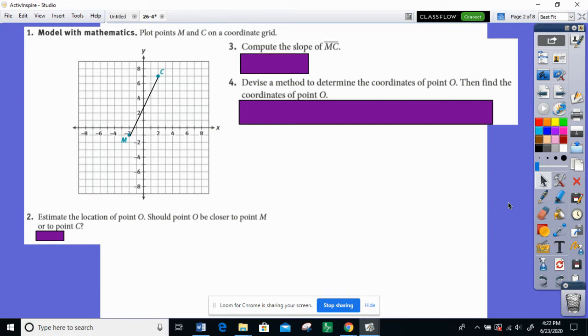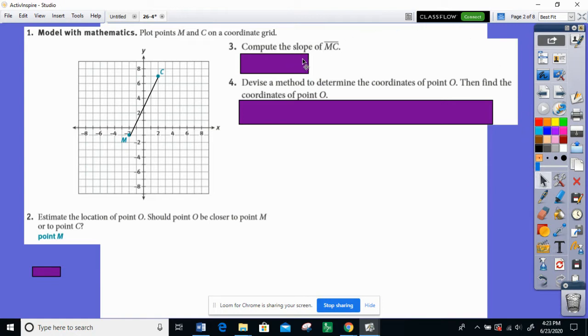So it said that point O is located 1/4 of the distance from point M to point C. That means that we're starting here and we're ending here, right? So would we expect point O to be closer to point M or point C? Well, point M, because halfway along would be the same distance from point M and point C, but we're only going 1/4 of the way, so it should be closer to point M.